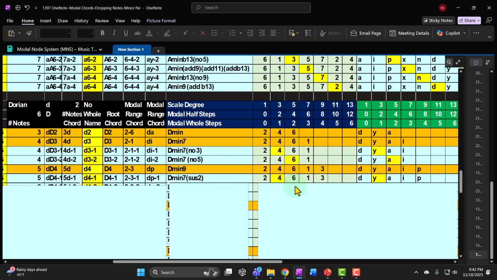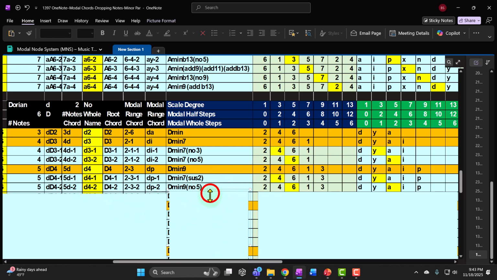Now if I want to drop this one that was 5 modal whole steps up down an octave to be more specific, dropping it from the 9th to the 2nd in equivalent scale degree terms, in our case from the 8th modal half step down to the 1st modal half step, then I could just superscript it, Dorian 4 to the -1, and add one more character, giving me complete flexibility about octave levels and pitches in as efficient a way as possible.